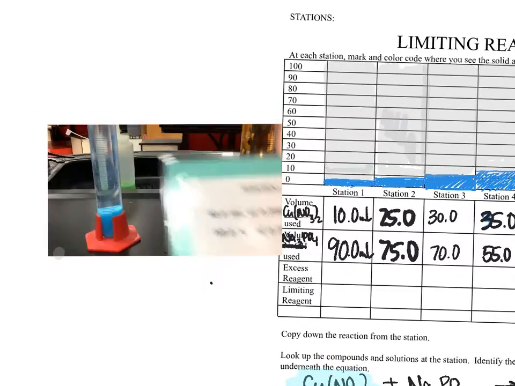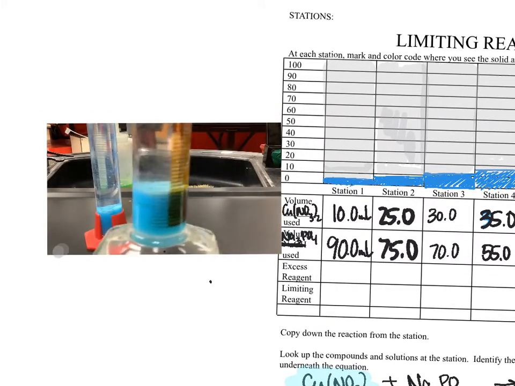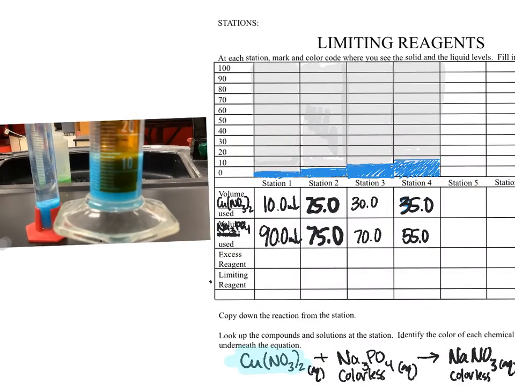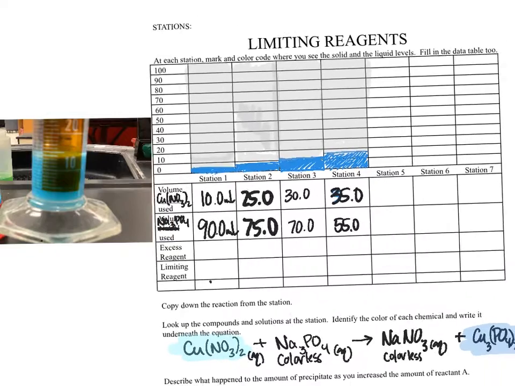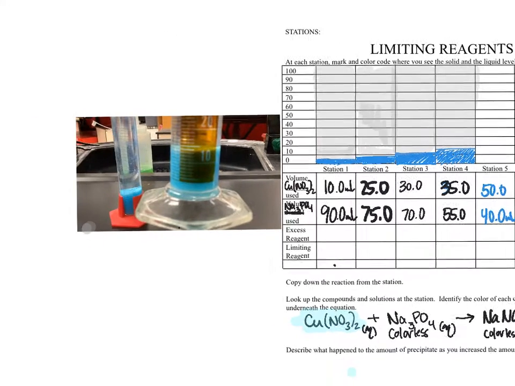Station 5 is where we had, I think, 50 and 40. Let me double check that.